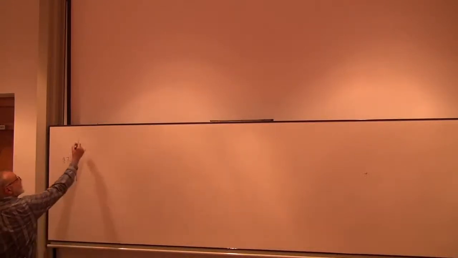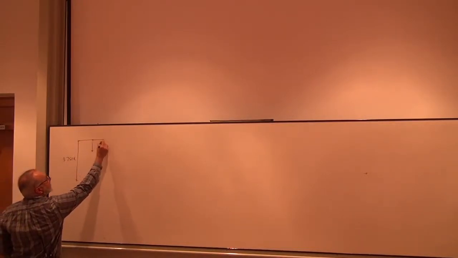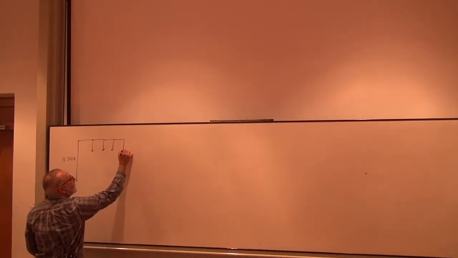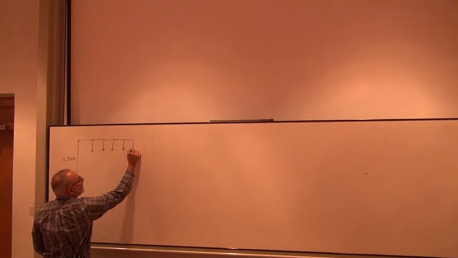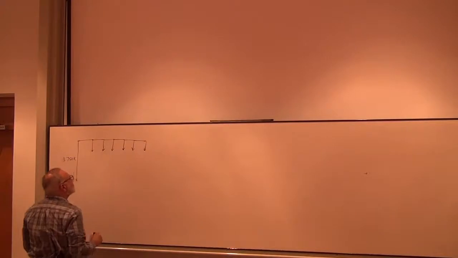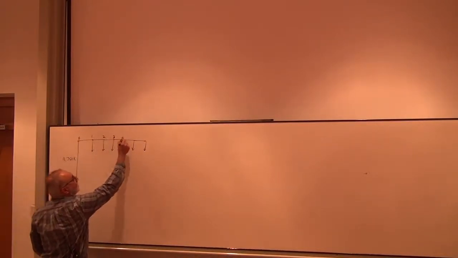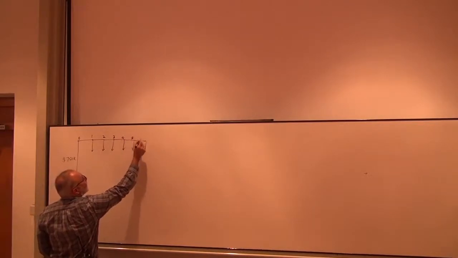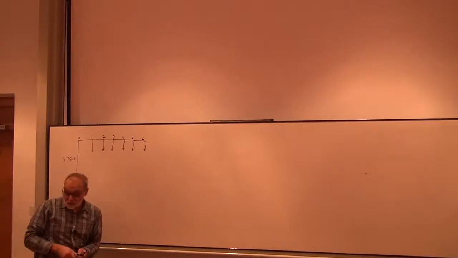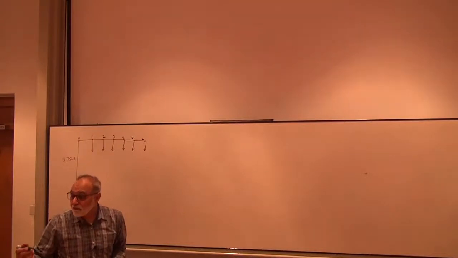Then we just draw these 6 years here, and at the end of each year, we are assuming some O&M cost, 10K. This is 6 years, so 0, 1, 2, 3, 4, 5 and 6. At the end of 6 years, we have the salvage value.